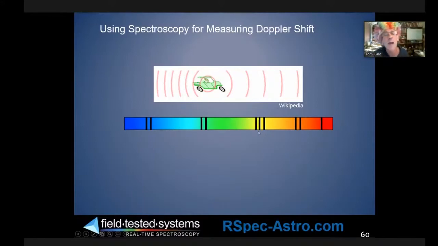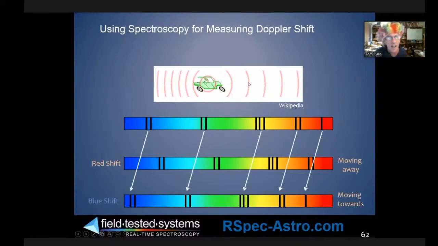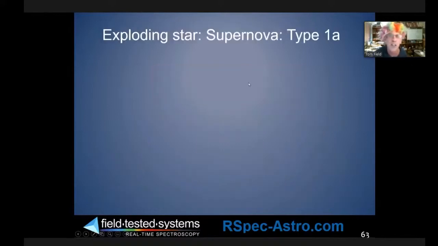So if we were expecting this triplet here, I love that word, it's self-defining. If we were expecting a triplet here, and when we captured the spectrum, it was really over to the side, we know that it was redshifted, so it was an object that was moving away from us because the waves were spread out like these waves behind the car. Same thing, if it was shifted the other direction, we know it was blue shifted and it was moving towards us.